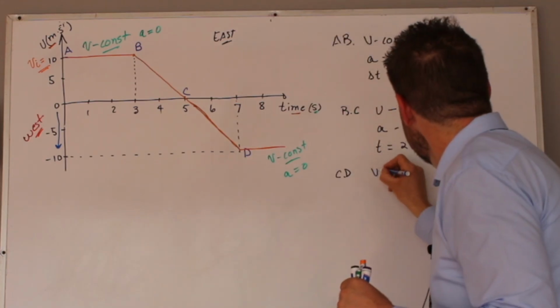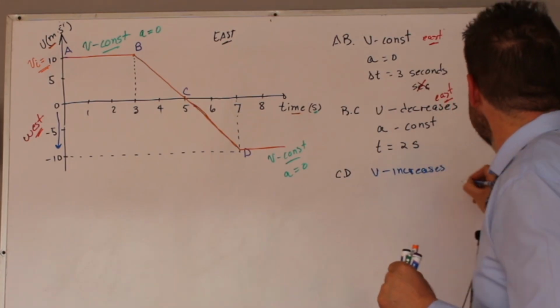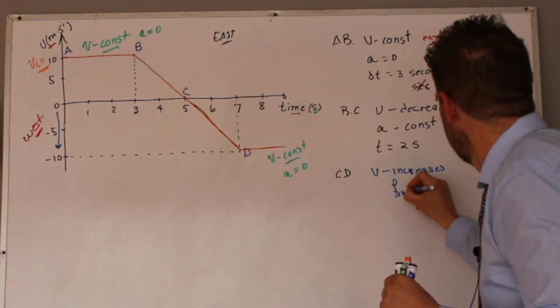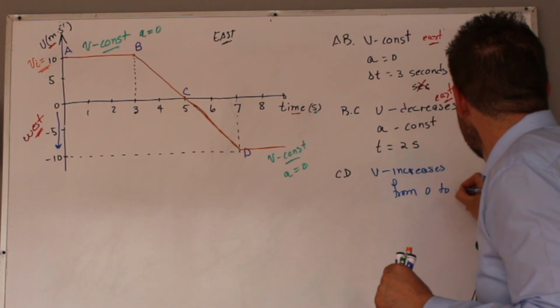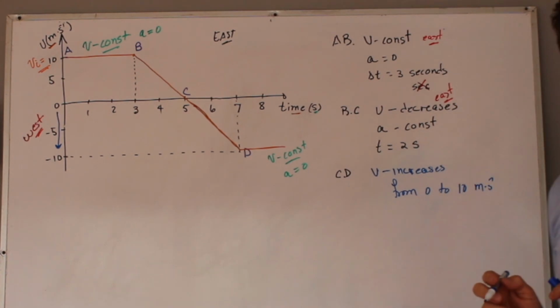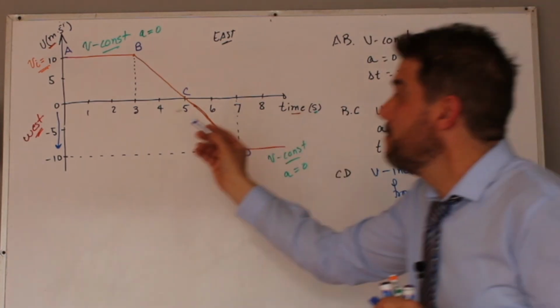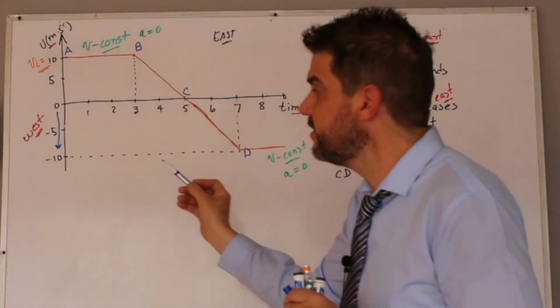Velocity increases from 0 to 10 meters per second. But why is it negative? Because it's west.